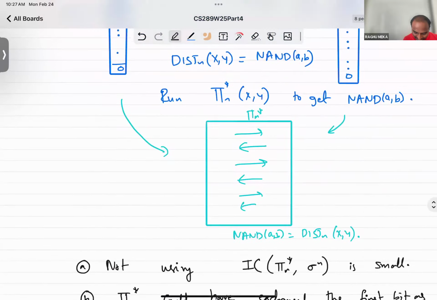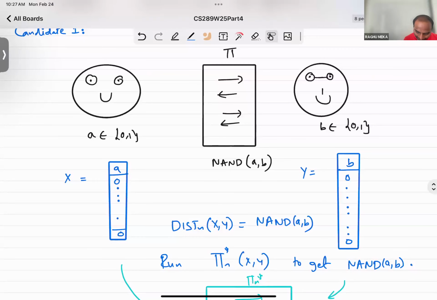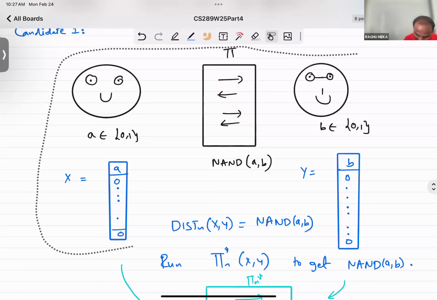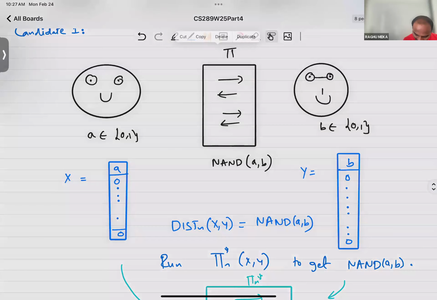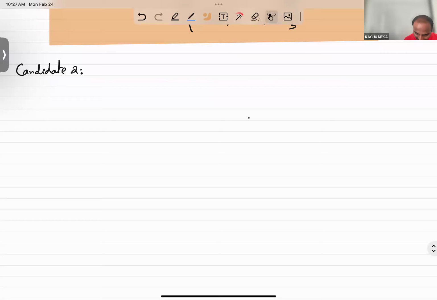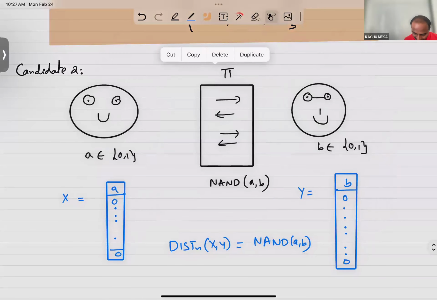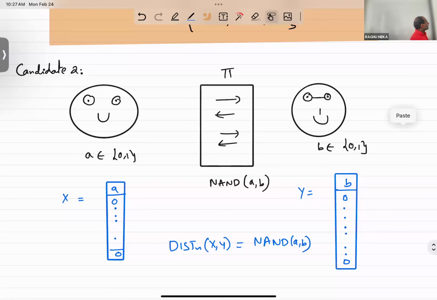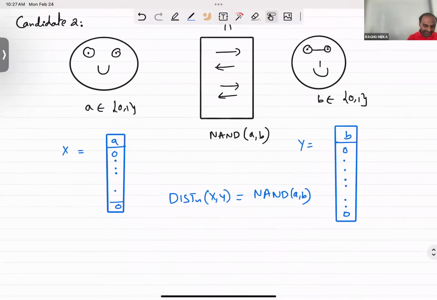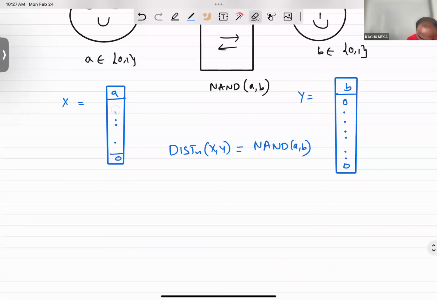Any suggestions? Exactly. So what we're going to do is the following. Instead of them picking A and B like this, what we would ideally like to do is the following.